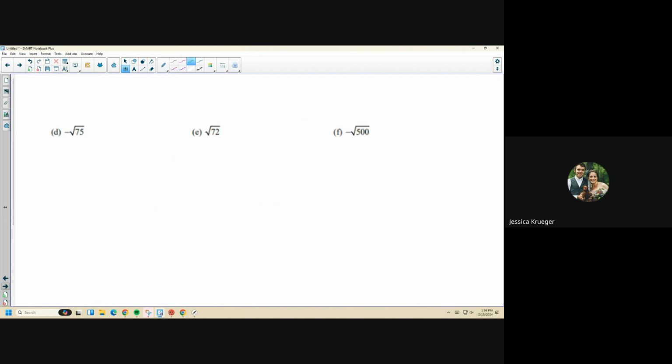Okay, let's do a couple more. Now there's a negative out in front of my square root. So I know my answer is going to be negative times some square roots. 75 breaks down into 3 and 25. And 25 breaks down into 5 and 5.